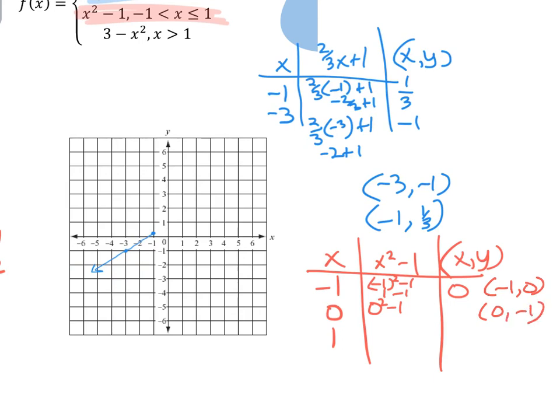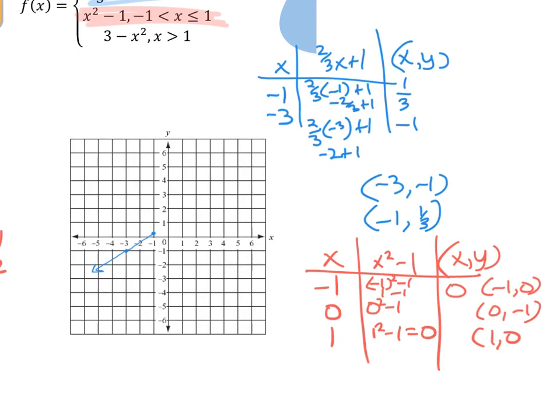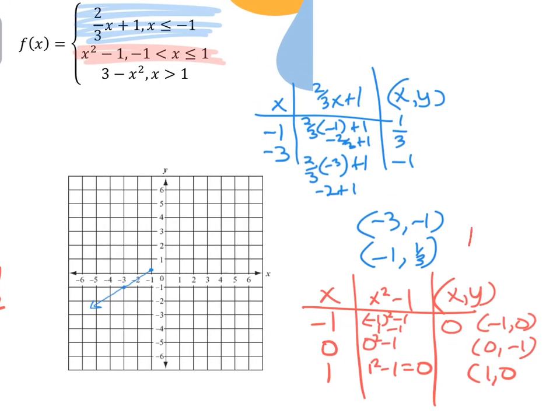When I plug in 1, again I get 0. Now, for this one, remember your inequality was -1 is less than x, which is less than or equal to 1. So for this value here, when x was -1, this one's going to be open. This one will be closed.